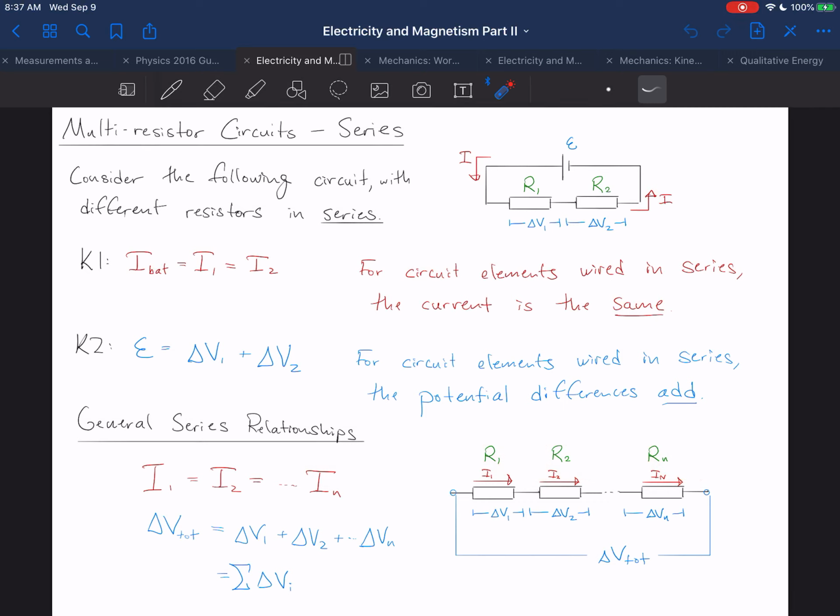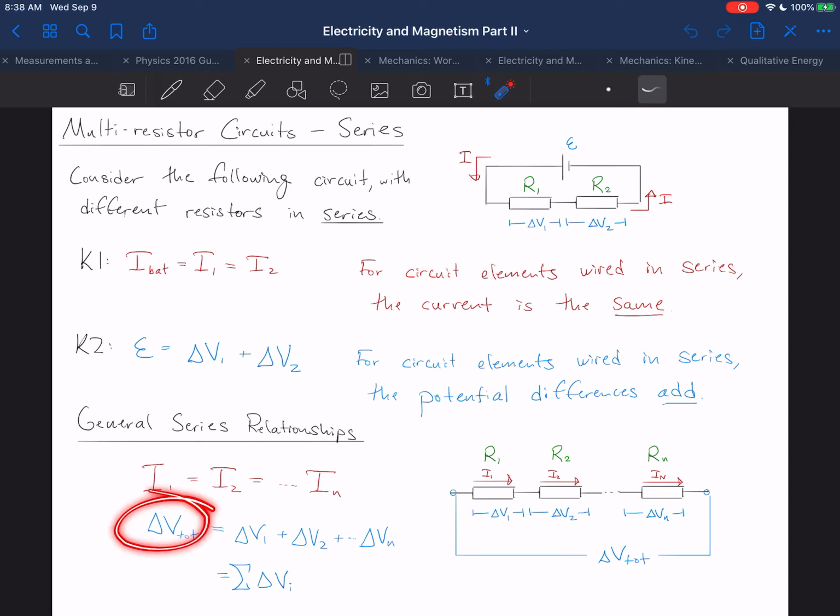If we analyze this relationship, we find that Kirchhoff's first law tells us that for any series circuit, I1 is going to be equal to I2, which is equal to IN. And the total potential drop across the resistors. Notice I've switched to calling this a total potential drop across these resistors rather than just the EMF, because we're not always sure what is going on up here, okay?